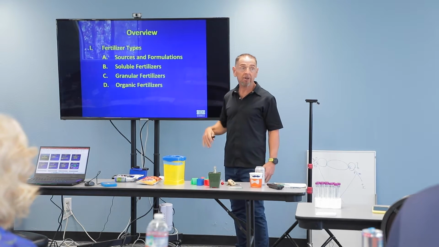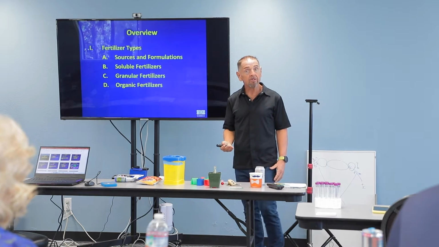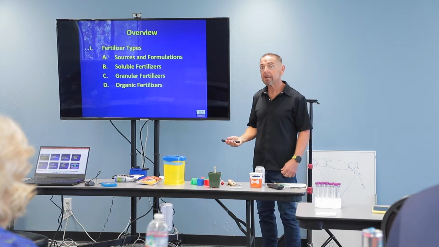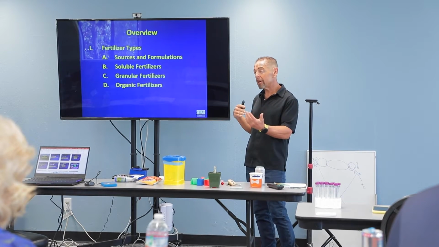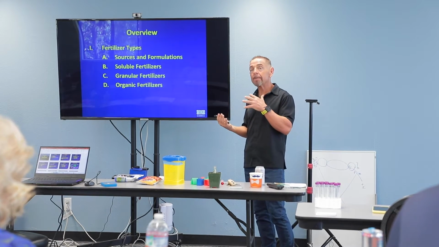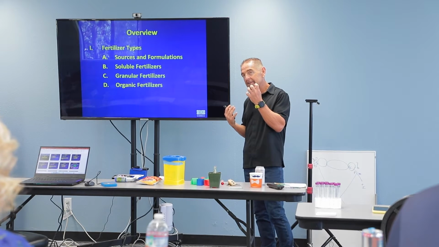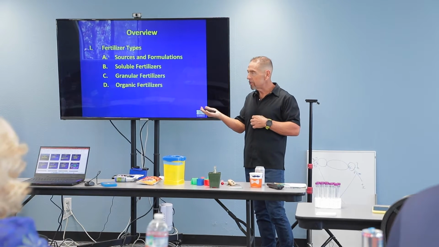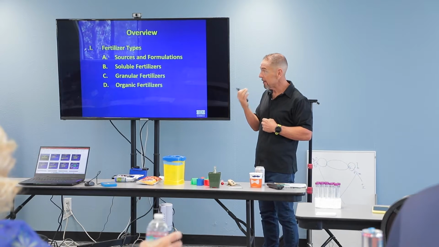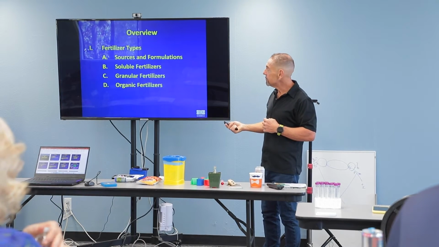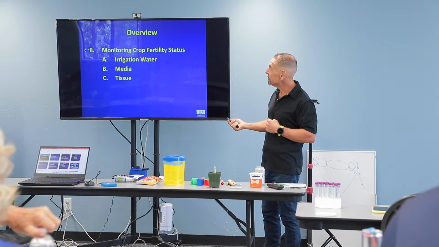And then organic fertilizers, because the consumer is now wanting organic. And so we're going to talk about organic kind of in a way, not necessarily organic, but a manure would be considered organic, I think. So we're going to talk about this.